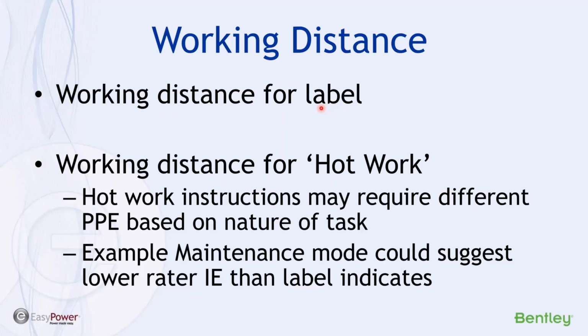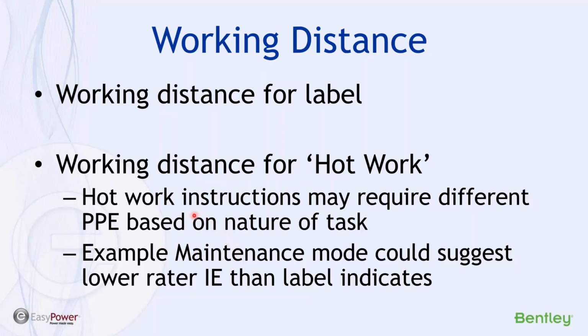And the justification for that is 18 inches is typically the length of the forearm when I'm standing in front of a panel. A lot of people think, well, it would be nice to know what the working distance is for hot work, especially if I have the ability to invoke maintenance mode.